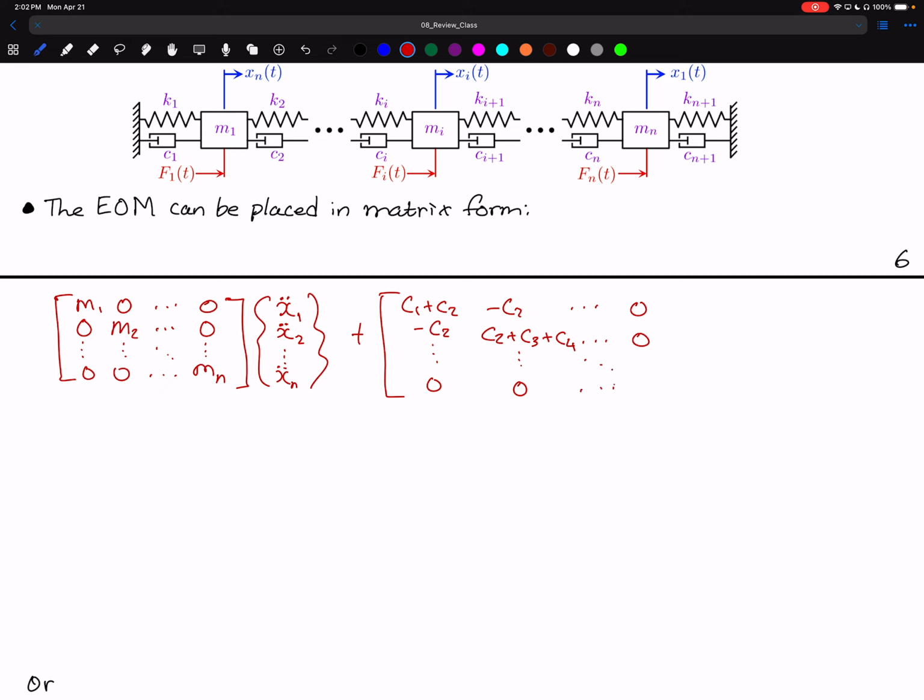Then lastly, we'll have Cn plus Cn plus 1. All of that multiplied by the velocity vector x1 dot, x2 dot, up to xn dot.